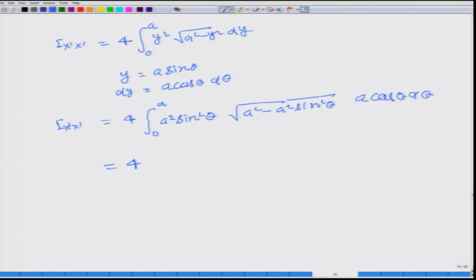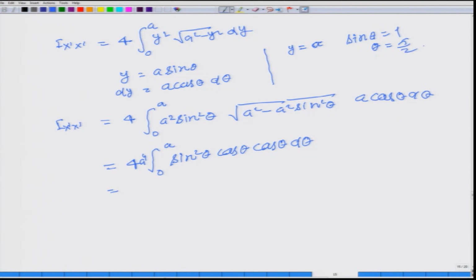So, this will be equal to 4 a to the power 4 times integral of sin square theta cos square theta d theta. Let us see what the limits will be if we change the variable from y to theta. When y equals a, sin theta would be equal to 1, so theta would be equal to pi by 2, right.